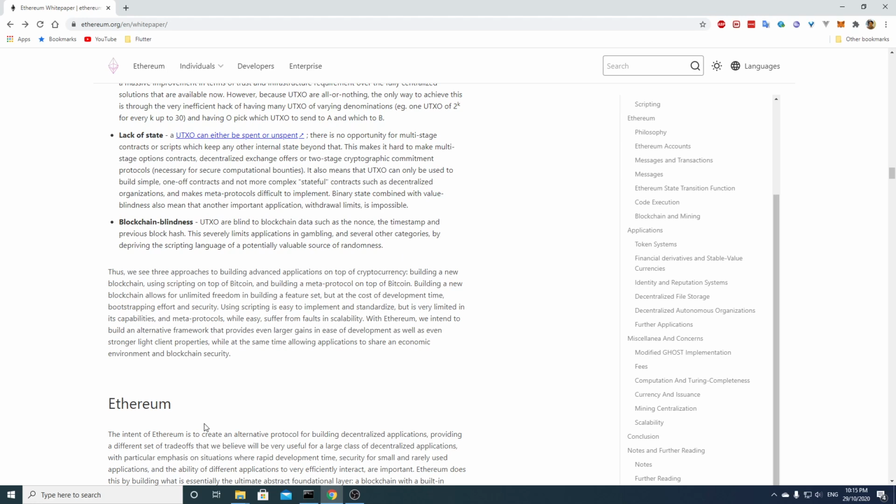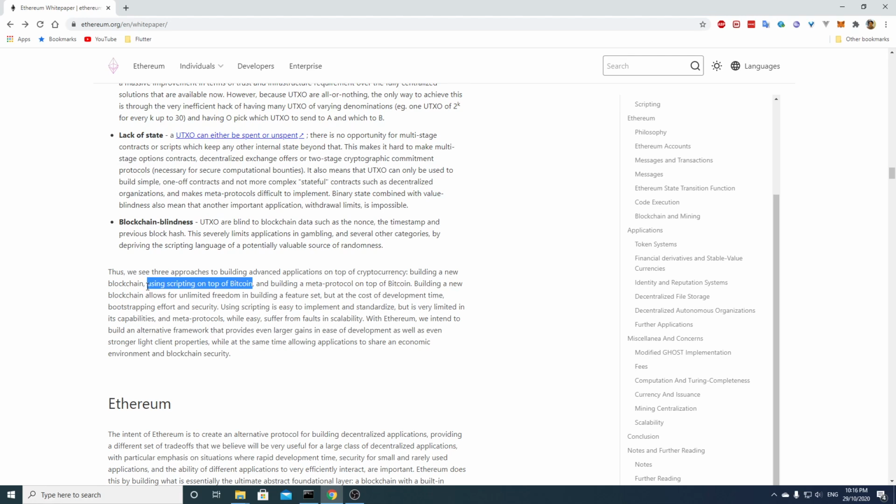Thus, we see three approaches to building advanced applications on top of cryptocurrency: building a new blockchain, using scripting on top of Bitcoin, and building a meta protocol on top of Bitcoin. So using scripting is actually something that is being done now.